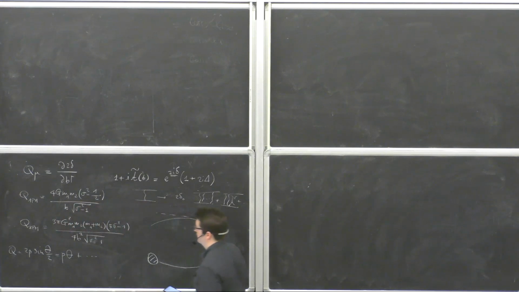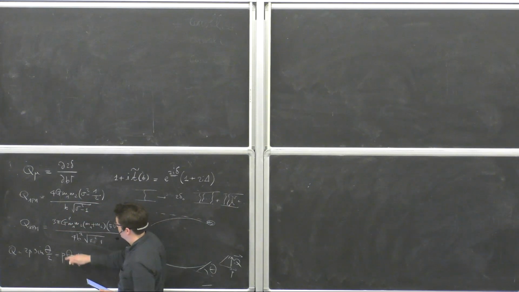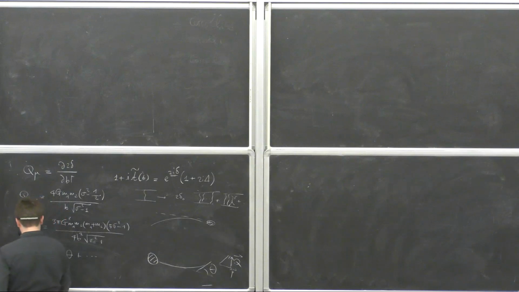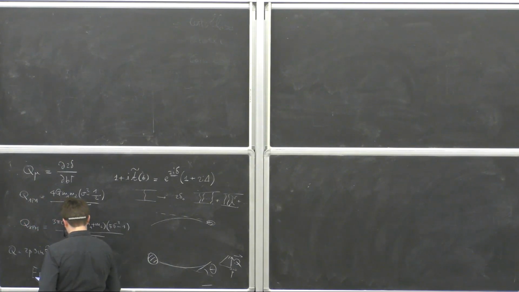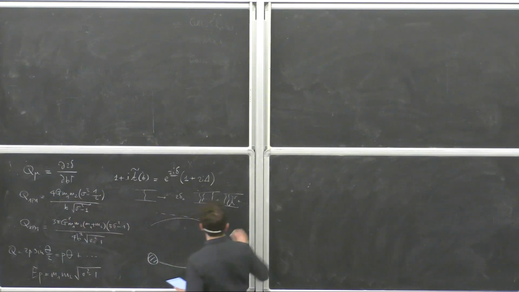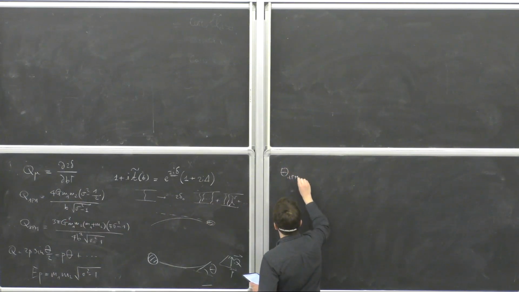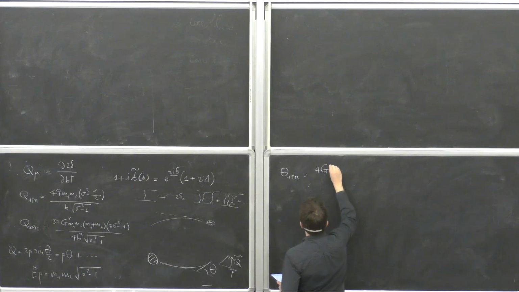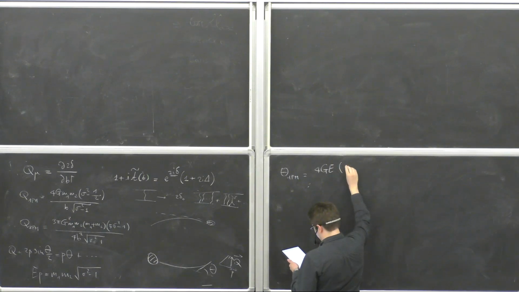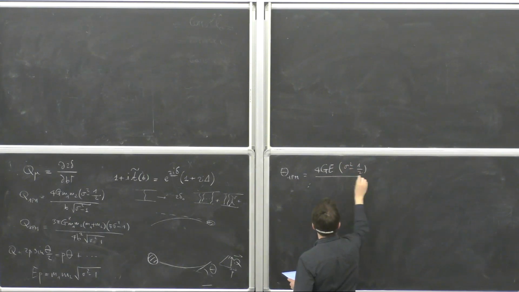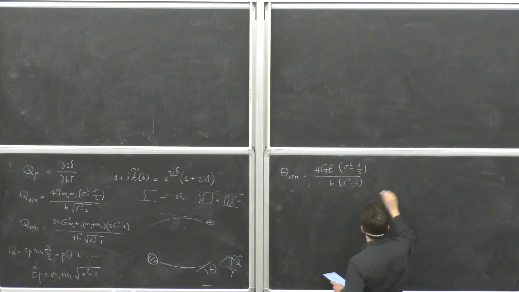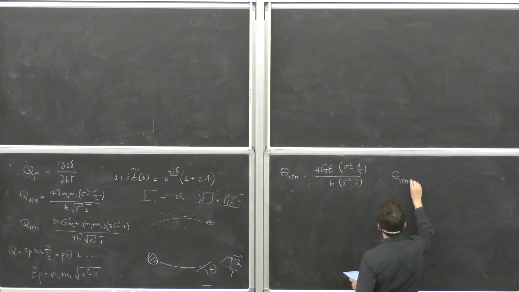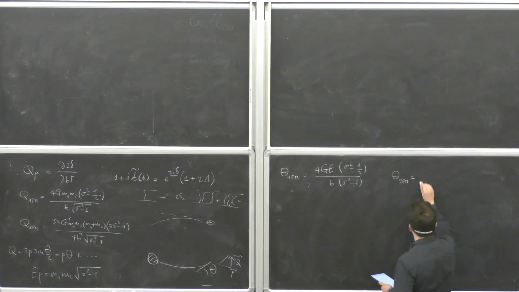So we can just multiply and divide by p, and then we can use that identity I wrote down at some point earlier on to make perhaps the writing even a bit more transparent. So the theta 1PM is just 4G times the energy times this sigma squared minus 1/2 over b, sorry. And then the theta 2PM instead, well, it's very similar to the other one, but let me write it down.